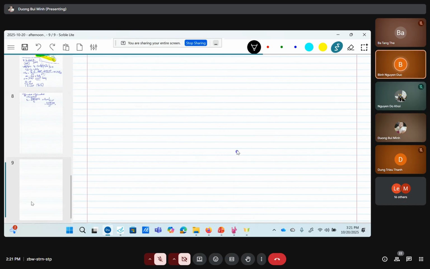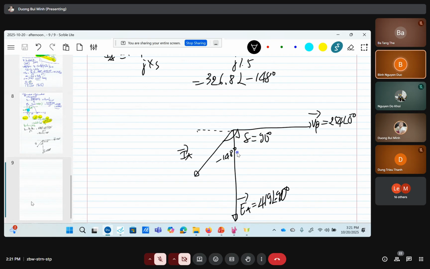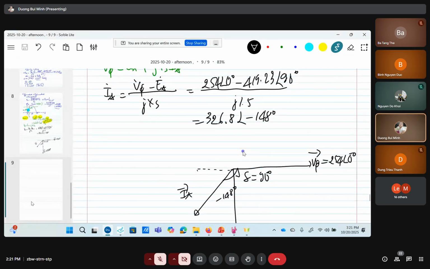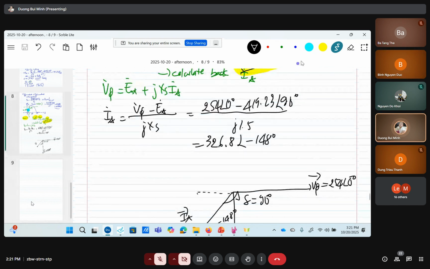Teacher, it is minus 90 degrees. The angle should be minus 31.2 degrees. Oh, this one? Yes, because this one is minus, right? Yes, it's minus 90, sorry, my mistake.